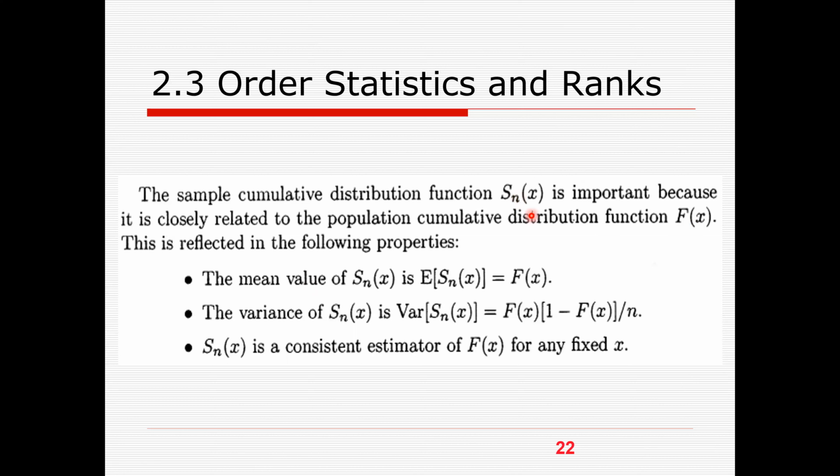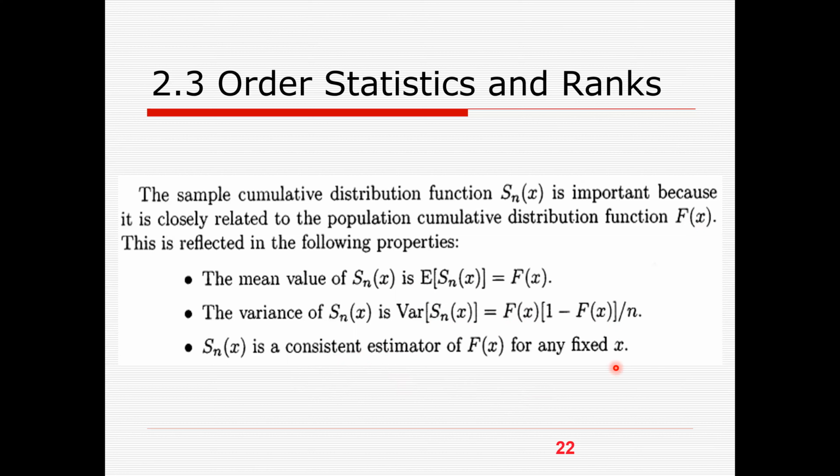So these two things are related. Sorry, the mean value or expected value of S_n(x) equals F(x), and the variance of S_n(x) can be represented as this function using F(x). And S_n(x) is a consistent estimator of F(x) for any fixed x.